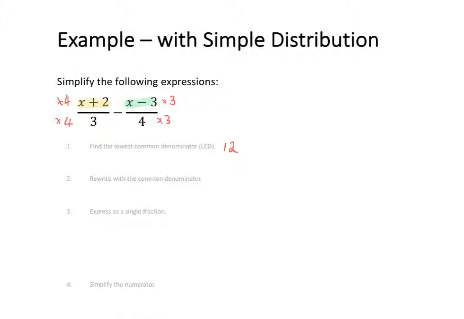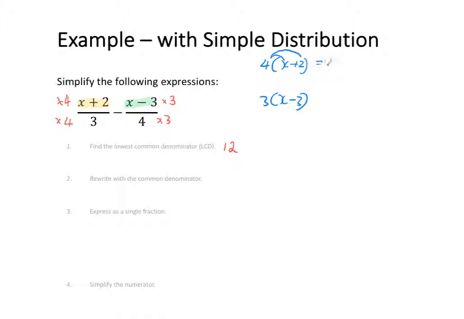The first distribution is going to be 4 times (x + 2), and my second one is going to be 3 times (x - 3). I complete the distributions by multiplying what's on the outside of my bracket by the inside.